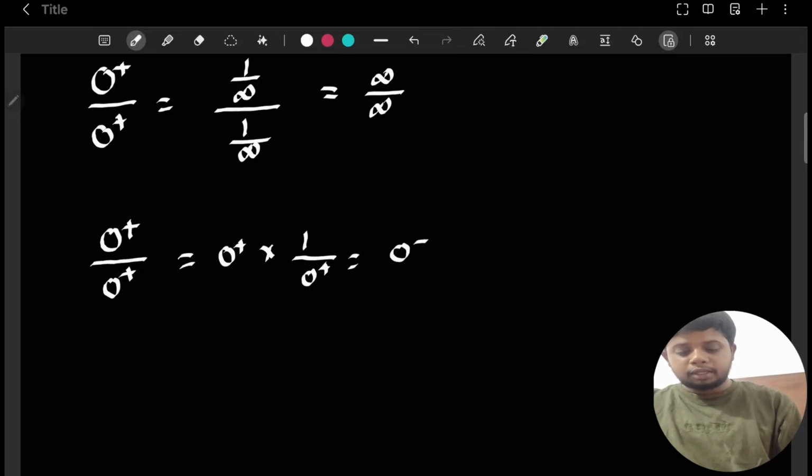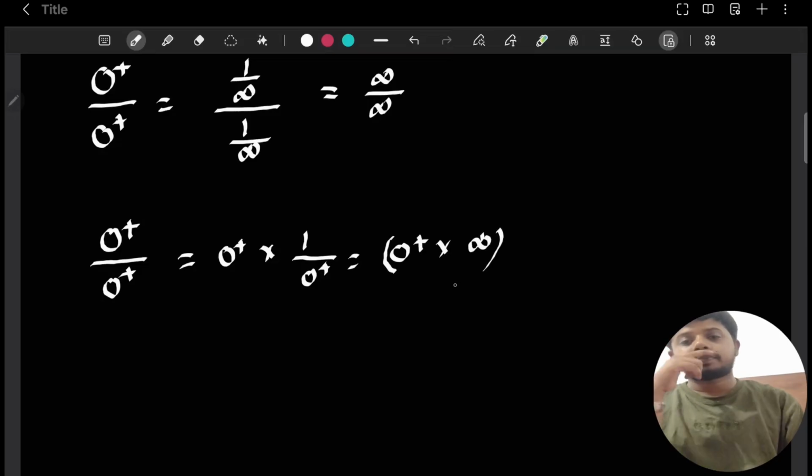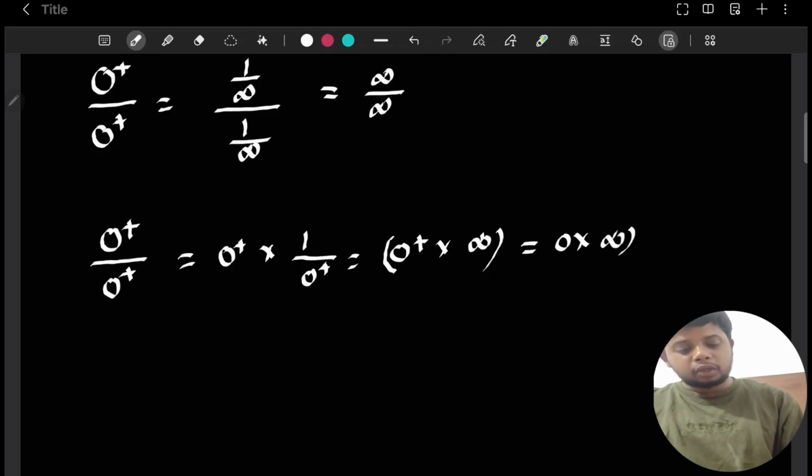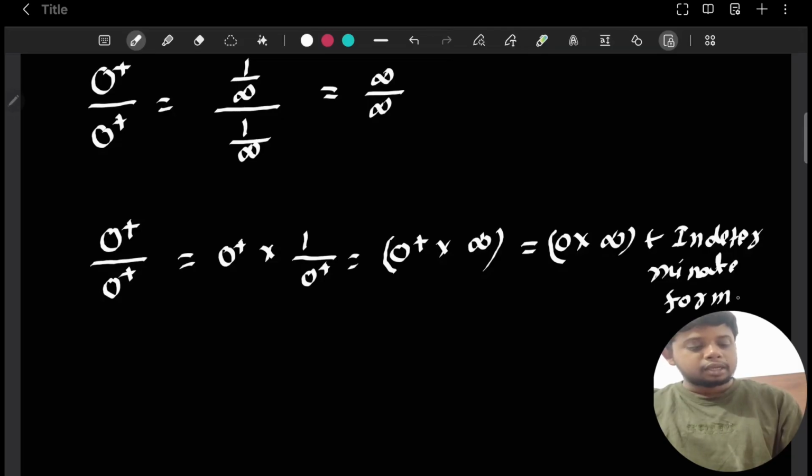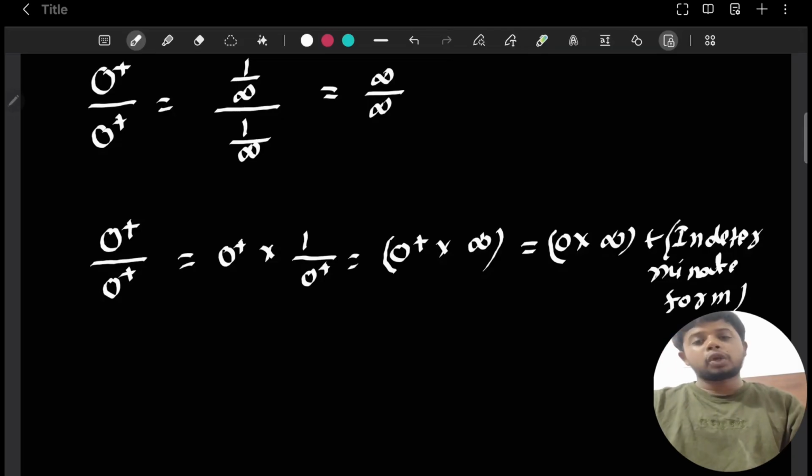We'll say 0 plus into infinity. That means we can say 0 into infinity is also an indeterminate form. Correct. I'm going very slow so that you will understand the things. We will not learn something that we don't know.